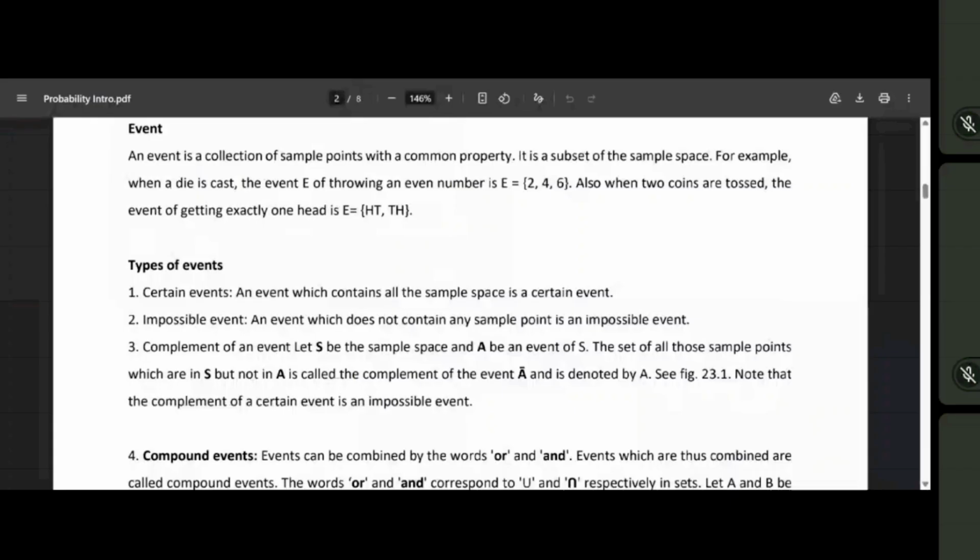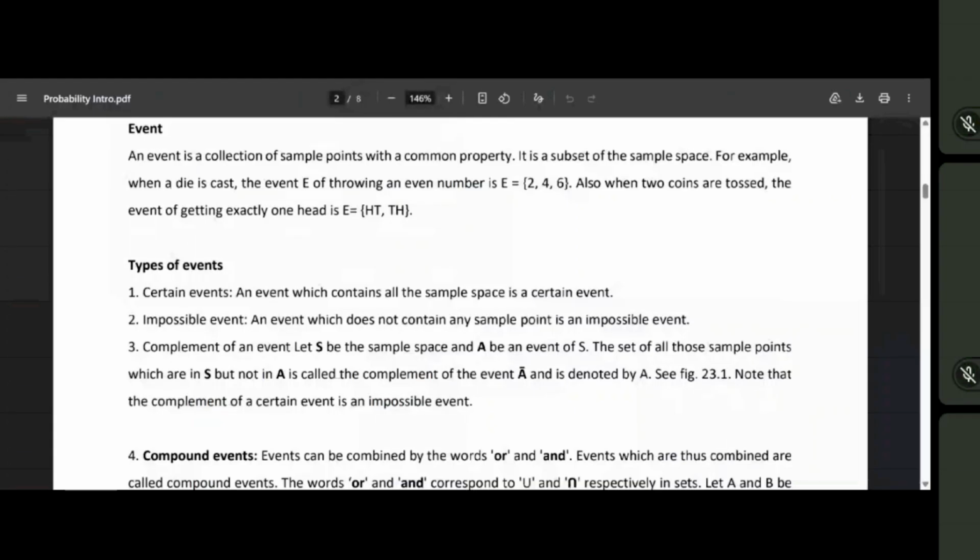Complement of an event. Complement, as the word means, is something you add to the set to make it a whole. So we just talk about even numbers when you toss a Ludo die. When you are interested in even numbers, then you are talking about either 2, 4, or 6.